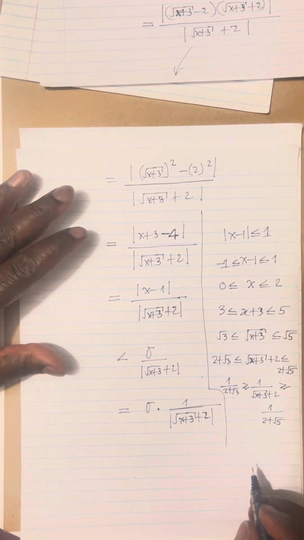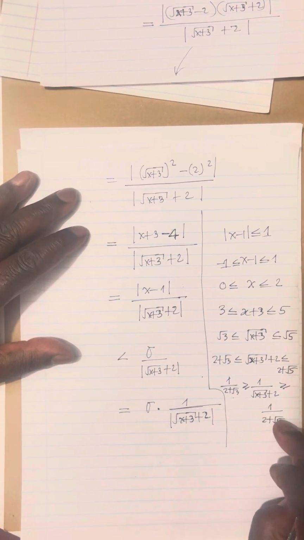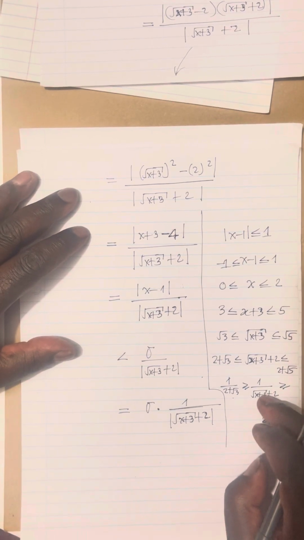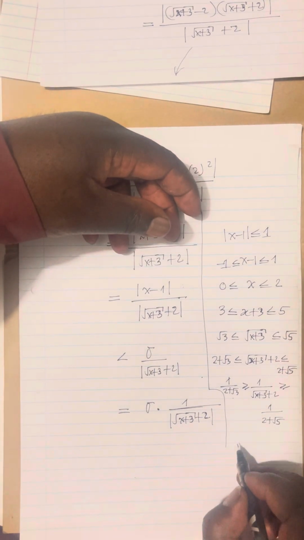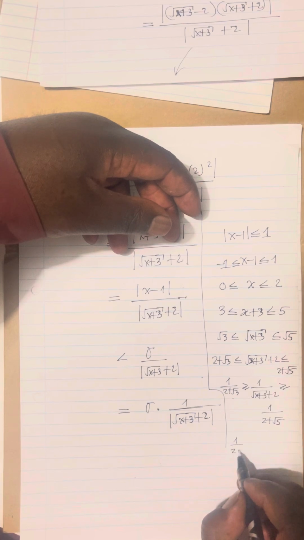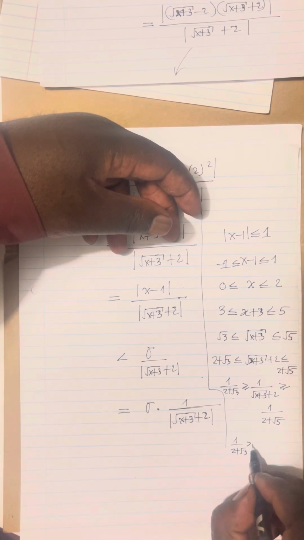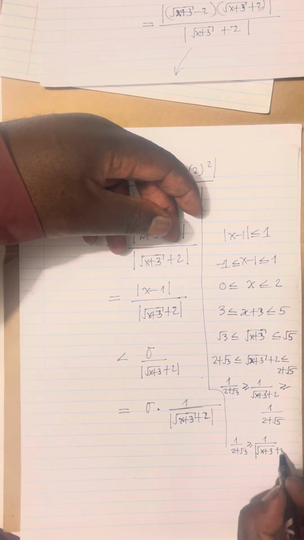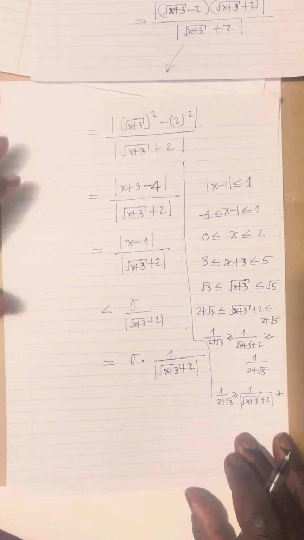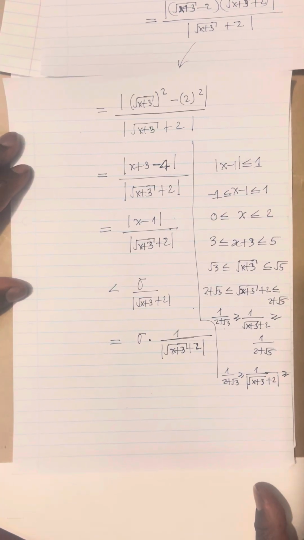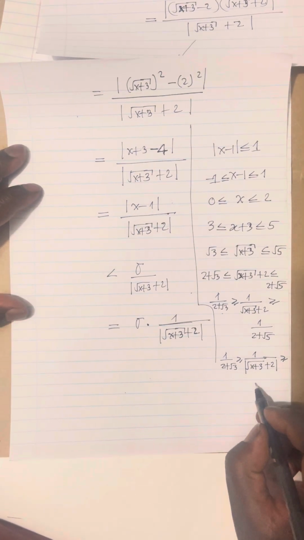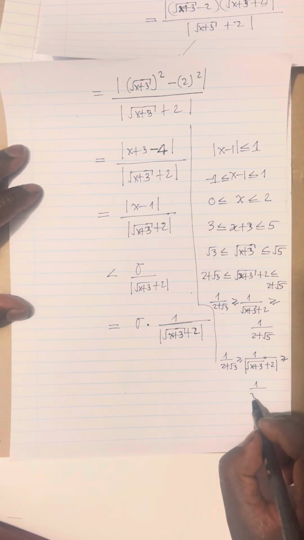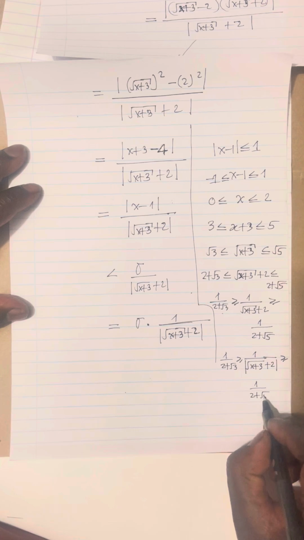If I take absolute value, these terms will remain the same, but here I'm just going to have absolute value in the denominator. So therefore 1 over 2 plus root 3 is greater than or equal to 1 over the absolute value of square root of x plus 3 plus 2, which is greater than or equal to, if you check, 1 over 2 plus square root of 5.